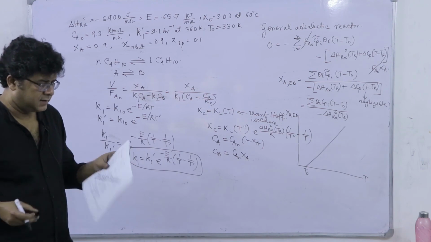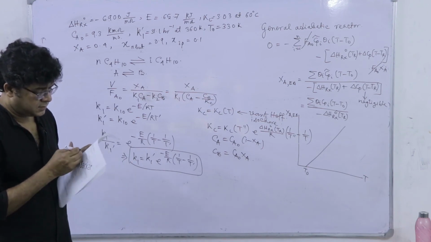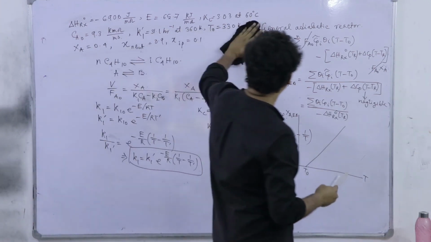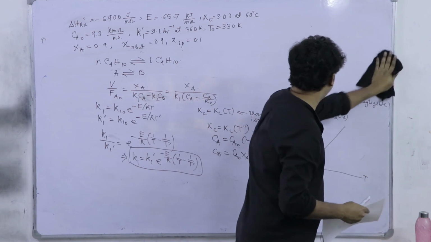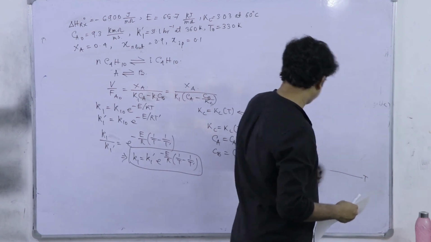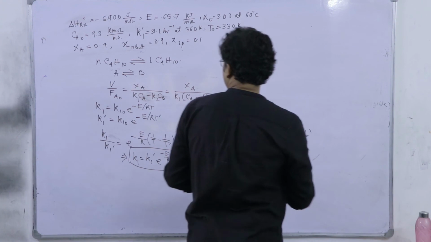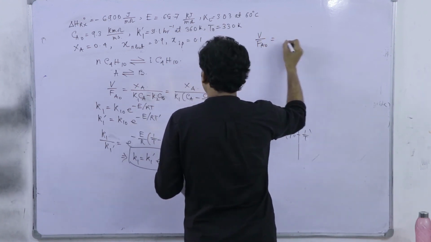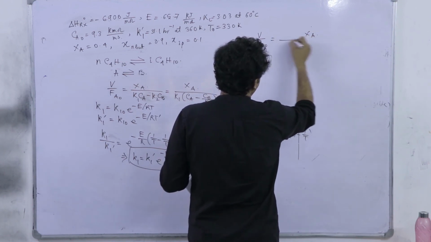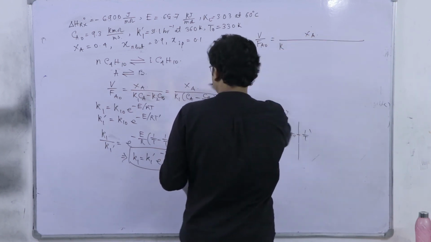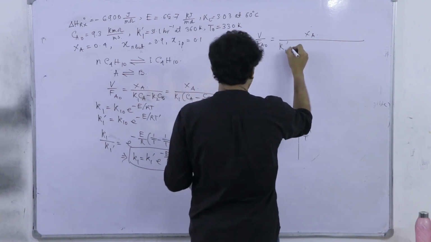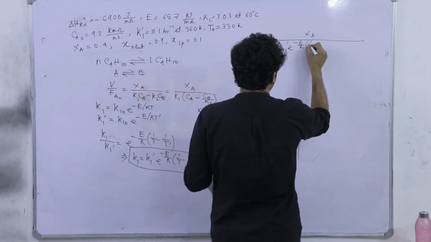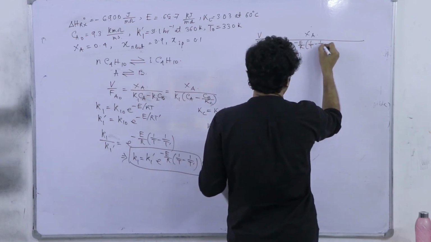So, finally, what will we do? We have the reaction or design equation V by Fa naught is equal to Xa divided by K1. So, this is K1 prime into exponential of minus E by R into 1 by T minus 1 by T prime.